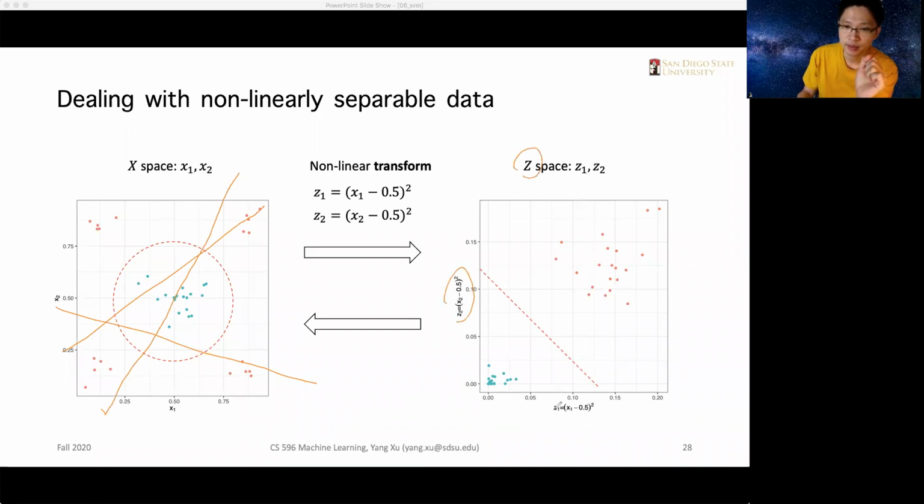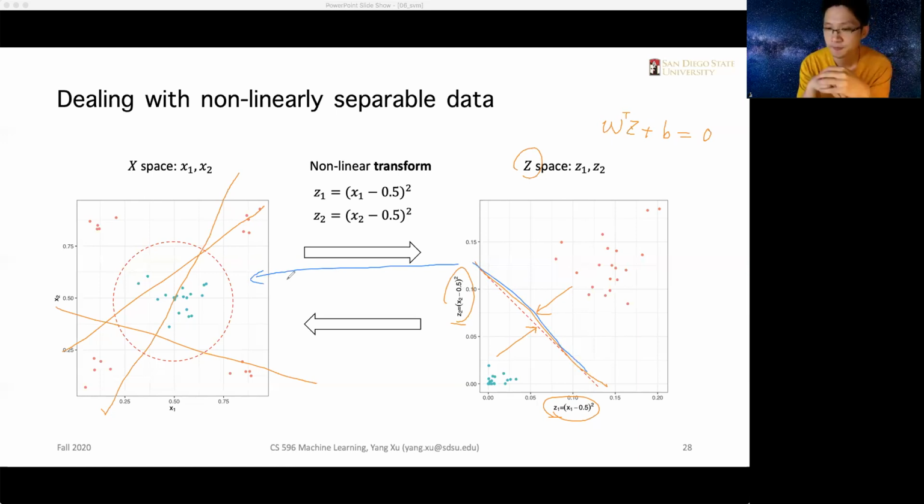In the Z space, we don't look at X, but look at Z's, and we can construct a linear decision boundary like W transpose times Z plus B equals 0. We can find something like this that maximizes the margins here. After this is done, we need to transform the decision boundary back to the original space.